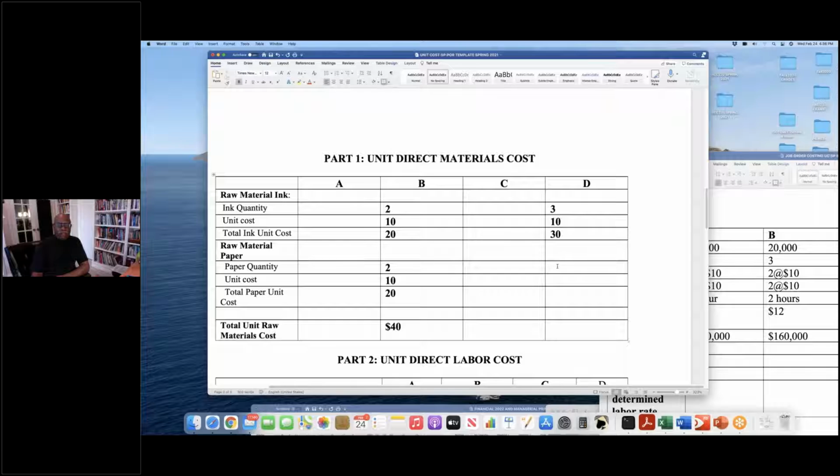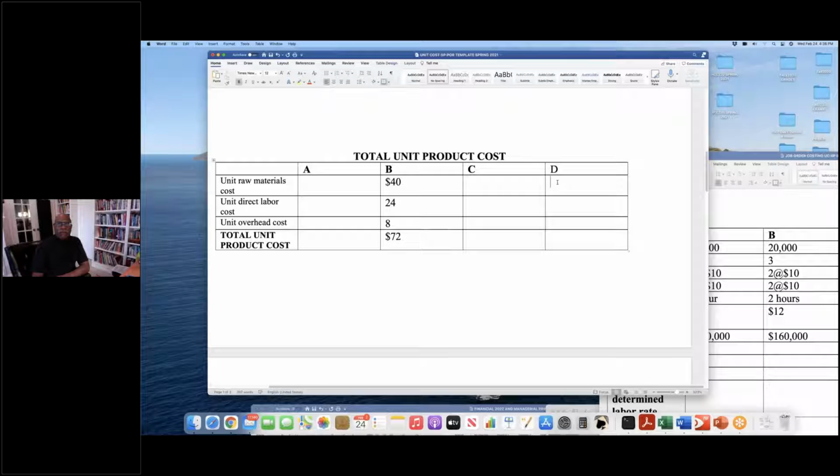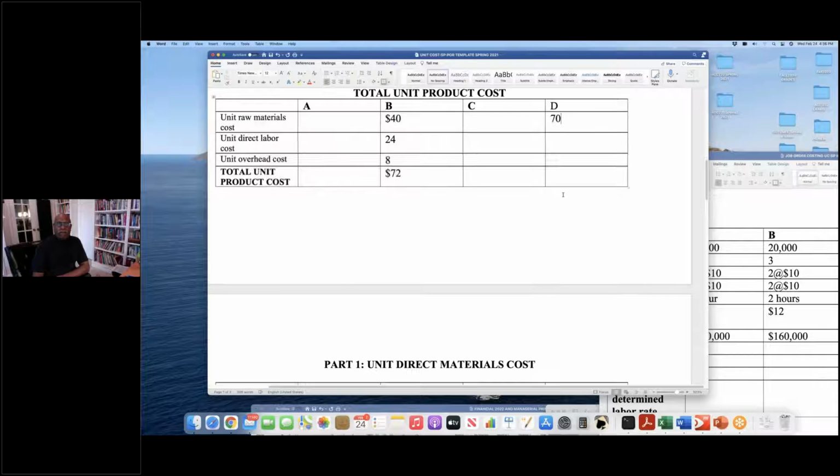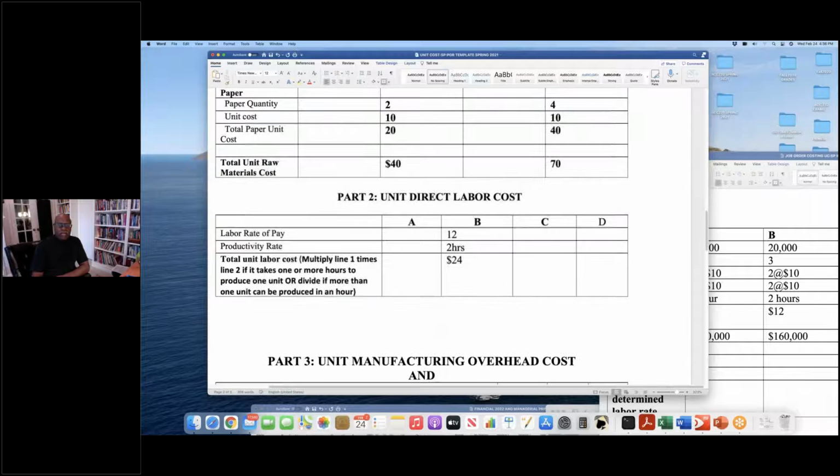Then for the paper, 4 at 10, it'll be 40. So what's our total unit cost for raw materials? 70. So now we take the 70 and put it right here. So calculate.